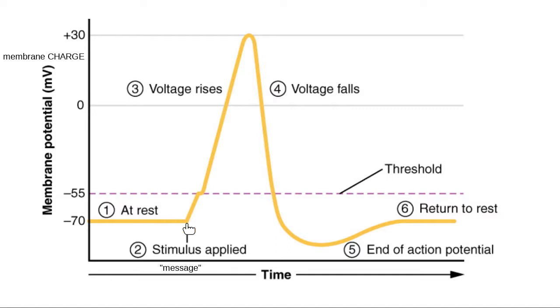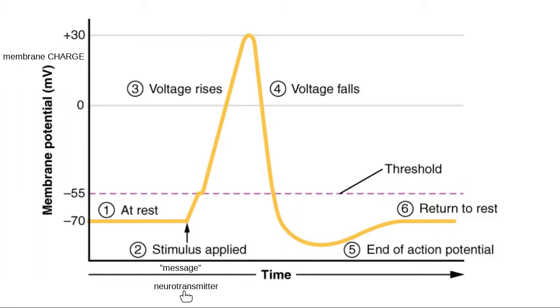What's happening when a neuron's at rest and it gets a message is that message opens up some of those chemically gated channels that we just talked about a little bit ago. The message is a kind of chemical called a neurotransmitter.